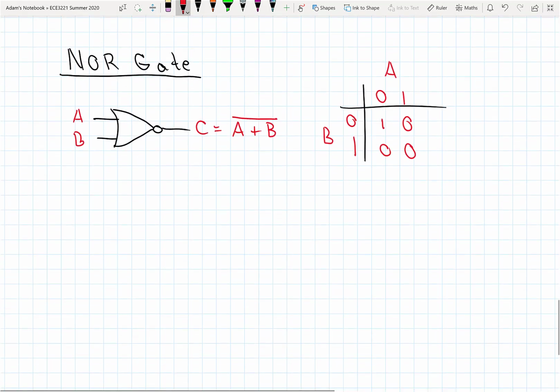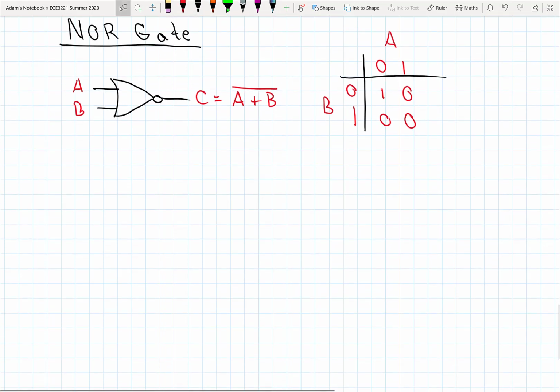One final gate we'll look at, just again as a review. Actually, let me draw it from the fundamental components first.